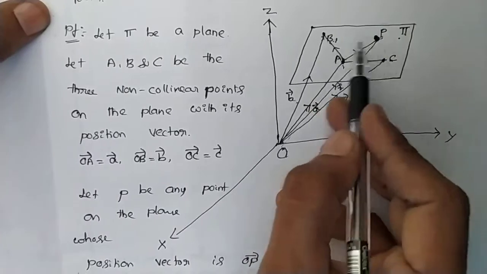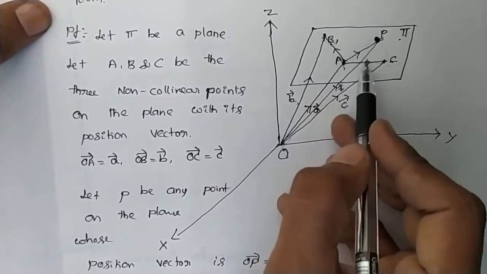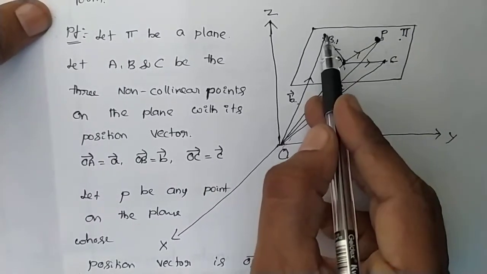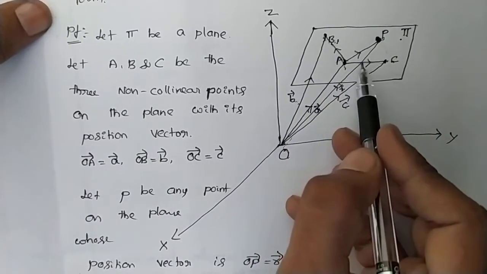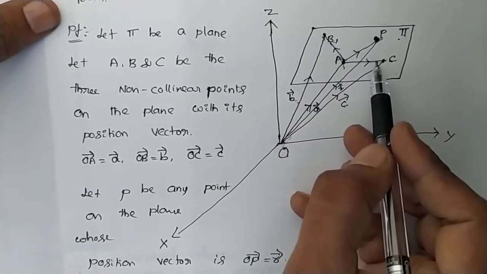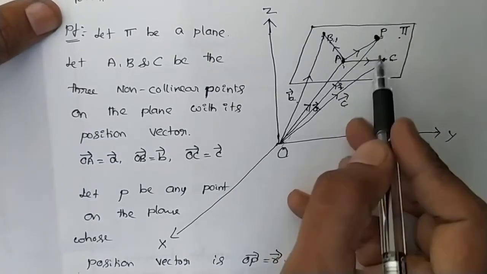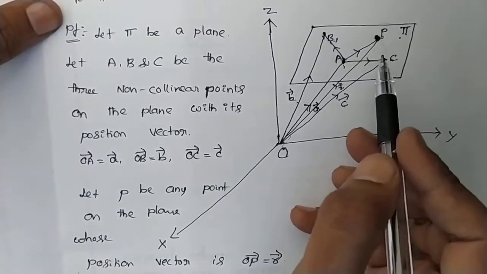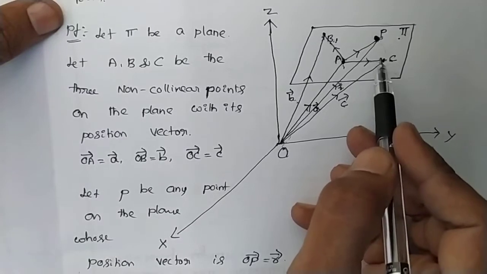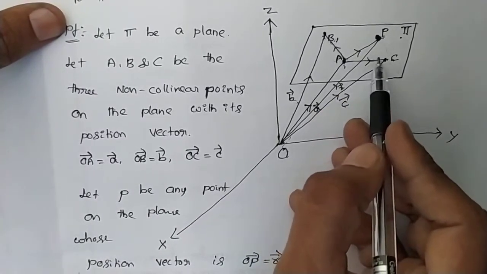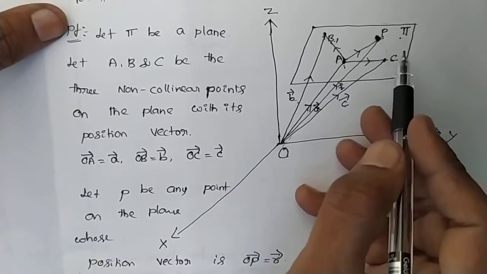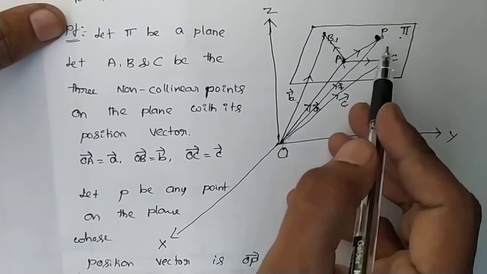Three vectors we have, right? These three vectors lie on the plane. We know that if the vectors lie on the plane, then those vectors are coplanar.